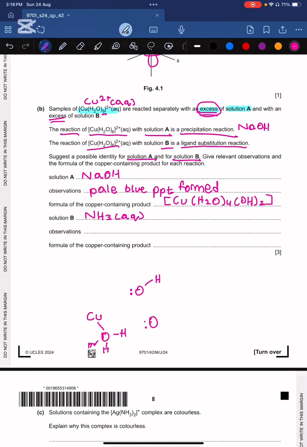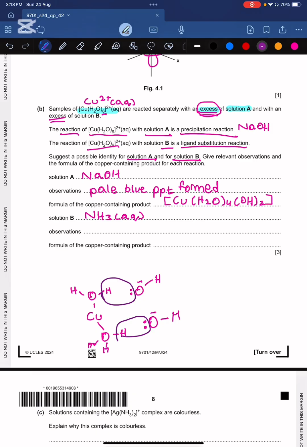Because I have two hydroxide ions, which have a lone pair and a minus one charge, two hydroxide ions take away one hydrogen atom each from water molecules. I have a copper ion here, two water molecules here, and two hydroxide ions here. Each of these hydroxide ions, using its lone pair of electrons, attracts a hydrogen atom to form a dative bond.